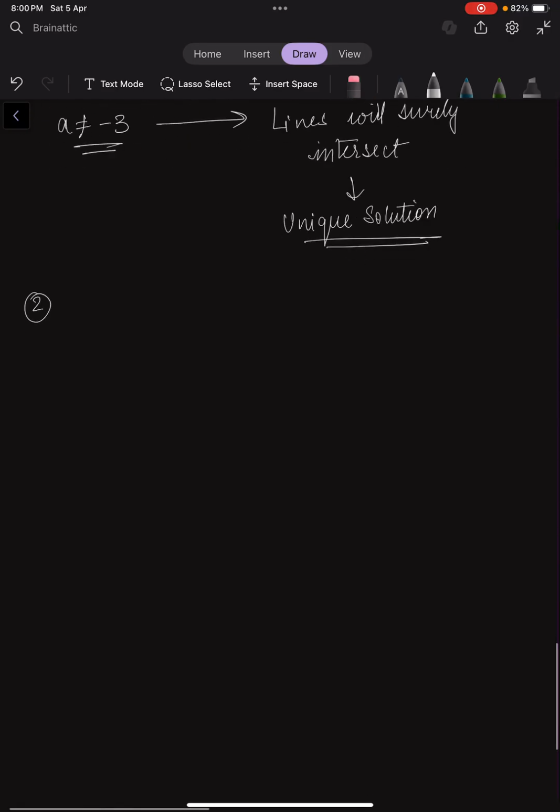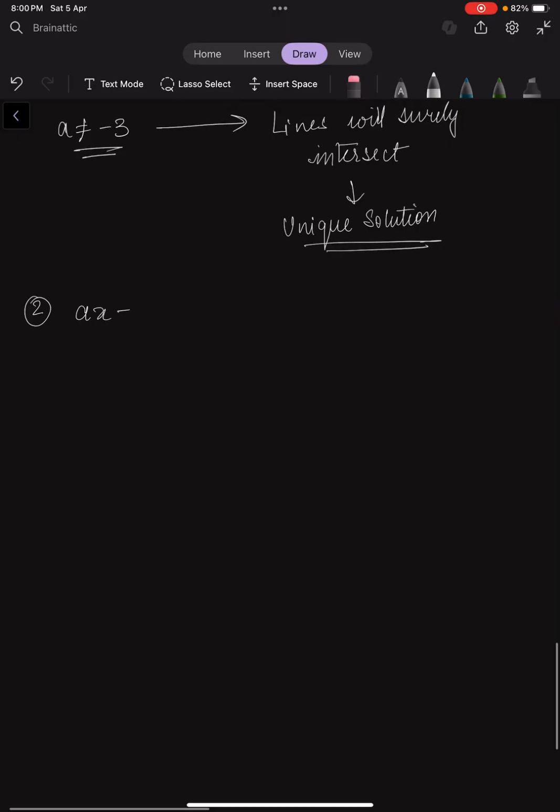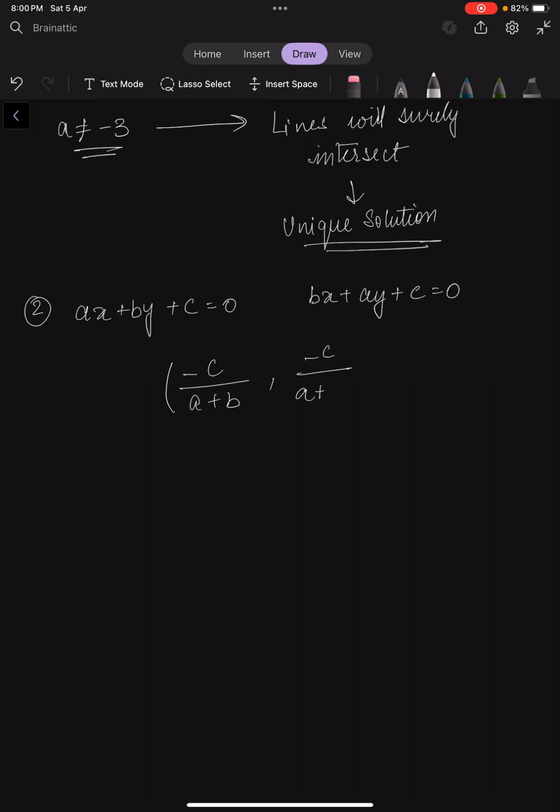So it's very simple. We are given the lines ax plus by plus c is equal to 0, and the second equation given to us is bx plus ay plus c is equal to 0. So the two equations are given to us. These lines intersect at the point minus c by a plus b comma minus c by a plus b, by formula.